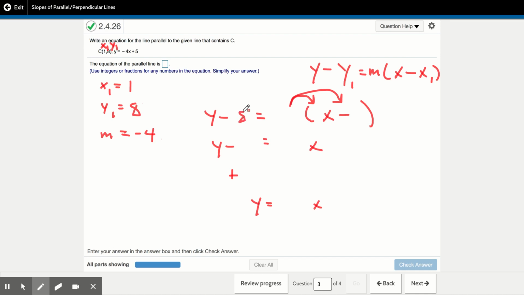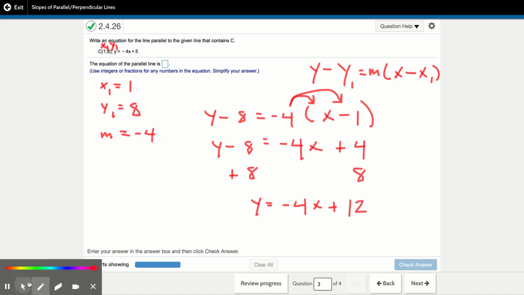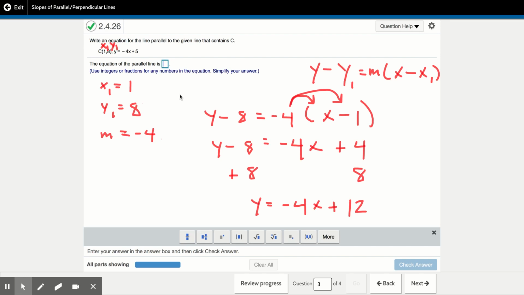So we're still going to distribute the -4 to the x and the -1, so I have -4x plus 4. I'm going to add 8 to both sides, and I end up with -4x plus 12. As I type that into the equation, y equals -4x plus 12.